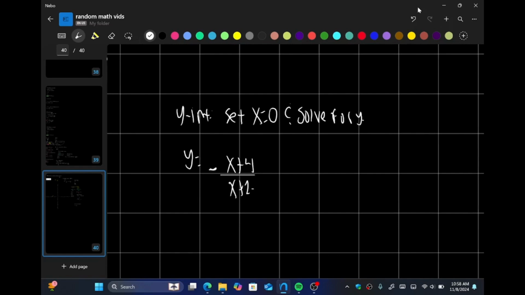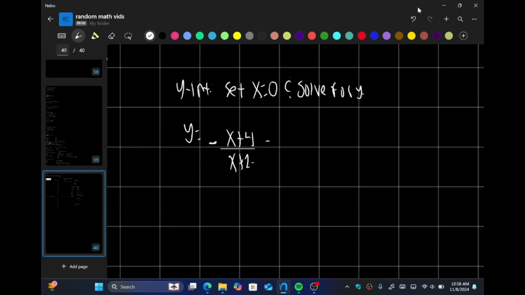So f of x, again, is negative x plus 4 over x plus 2.